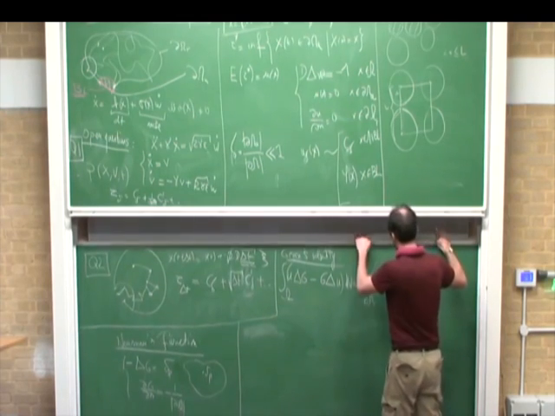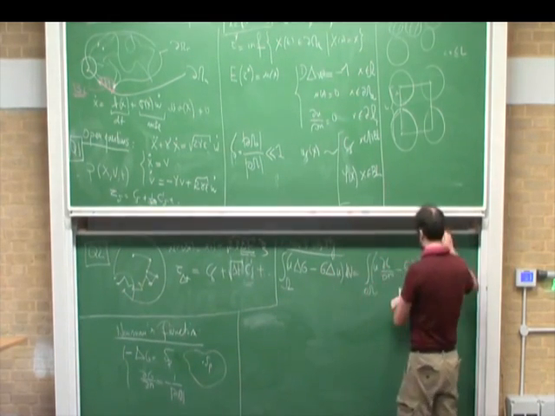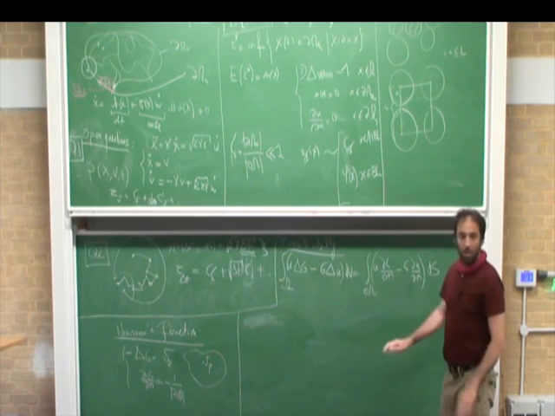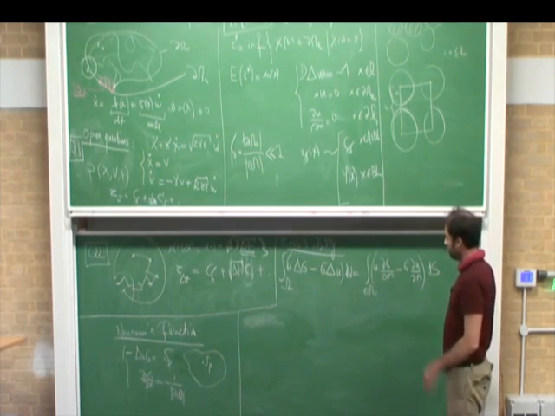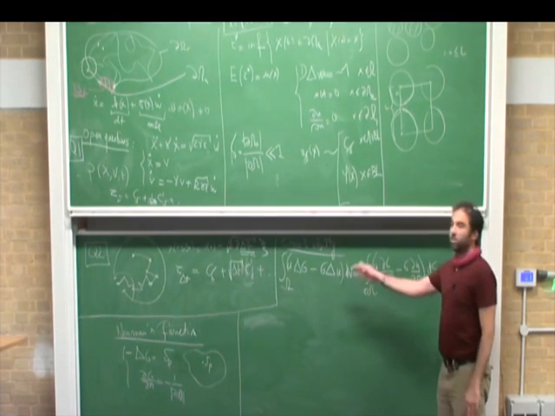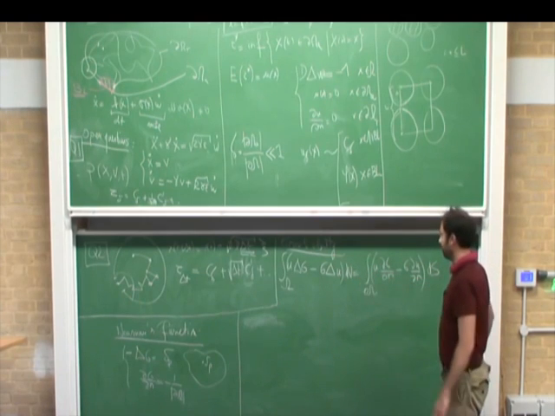Right, this is called Green's identity, and now we are going to substitute. This is a general identity. You should know how to prove this. This is basically the divergence theorem.